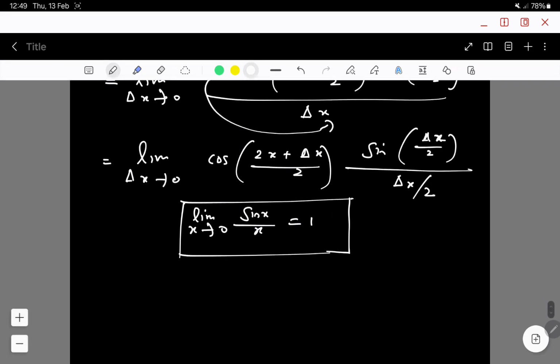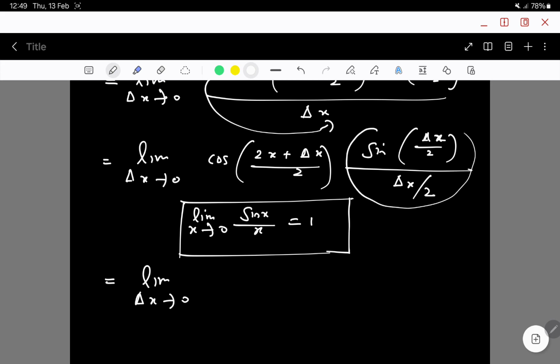This is the result in limit of functions. Here, in the formula we write sin x by x, but in this problem, instead of x, we get delta x by 2. So we apply the limit, and it becomes 1.